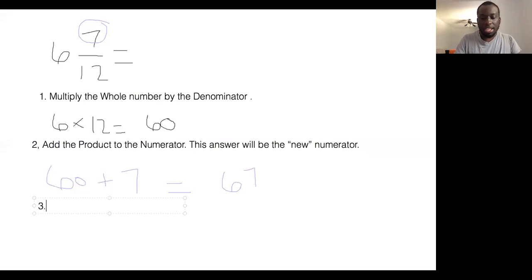Step 3 is make a new fraction and keep the denominator the same.